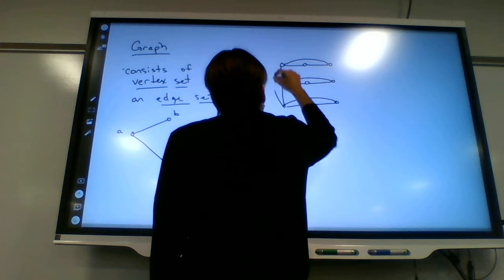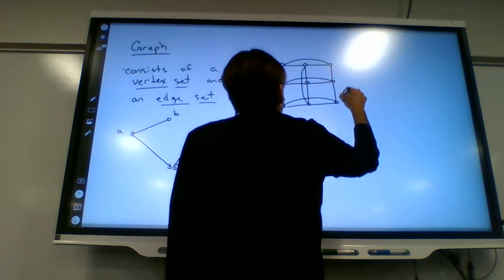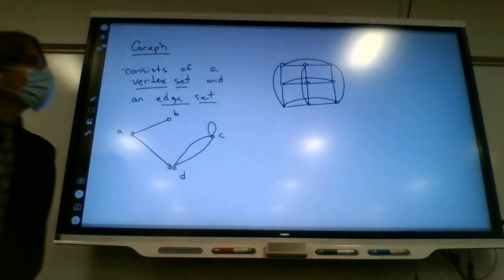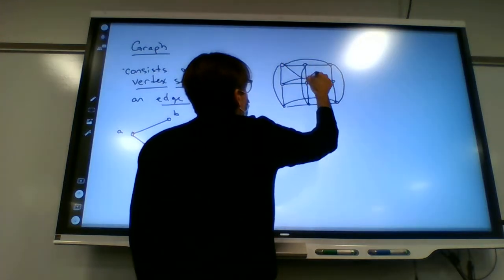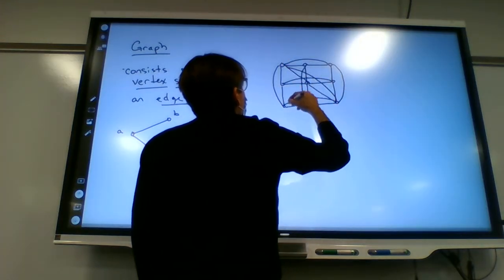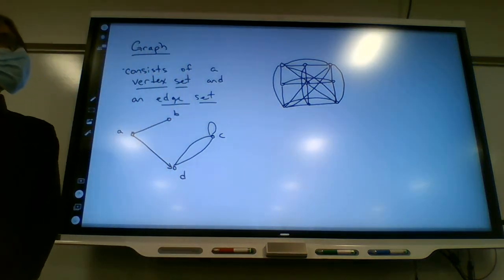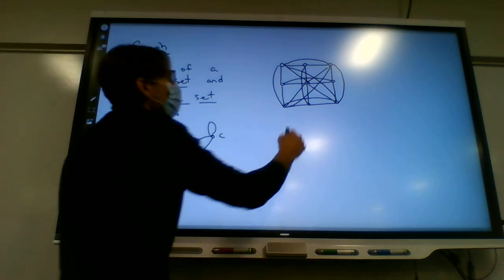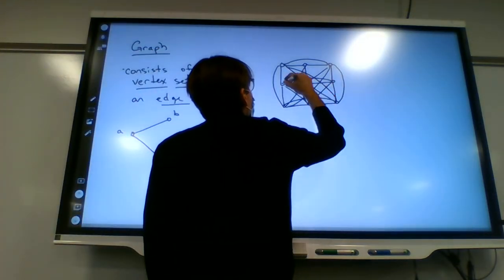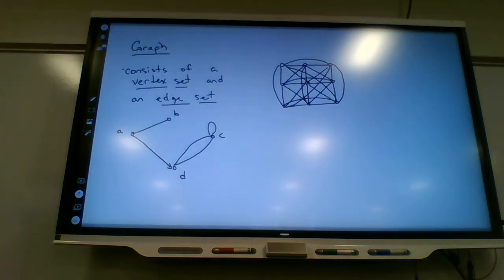Same thing vertically. And then what? There's diagonals. This has already gotten really messy. And what else is missing? Yeah, these diagonals. All right, it's a really messy graph.